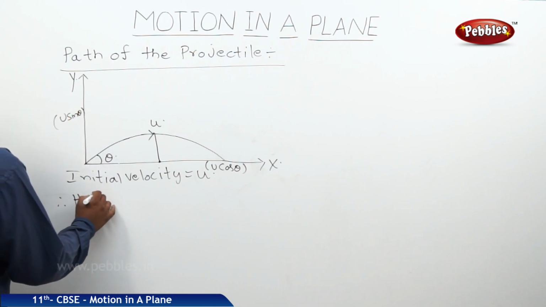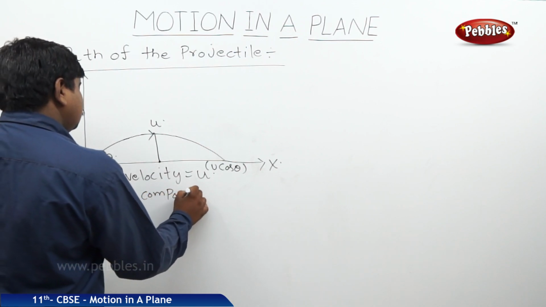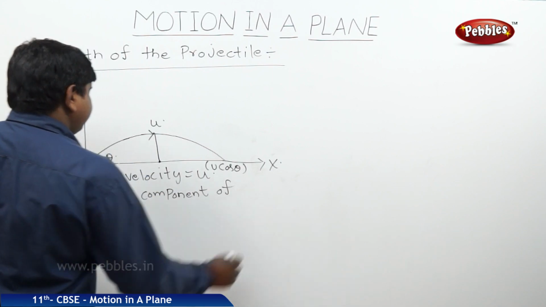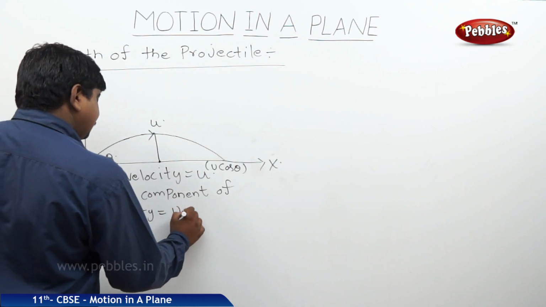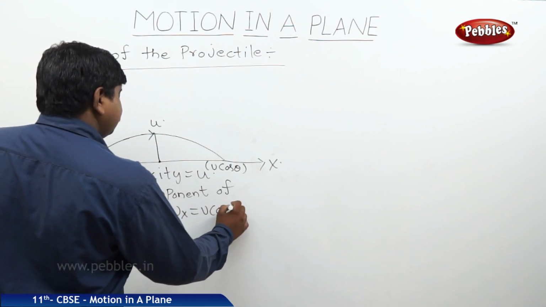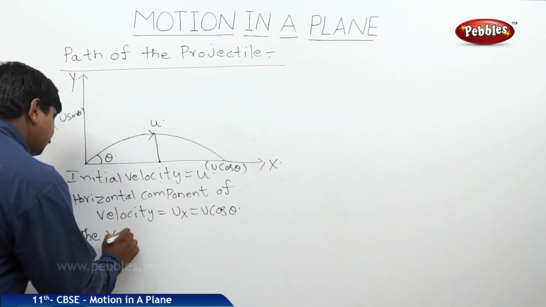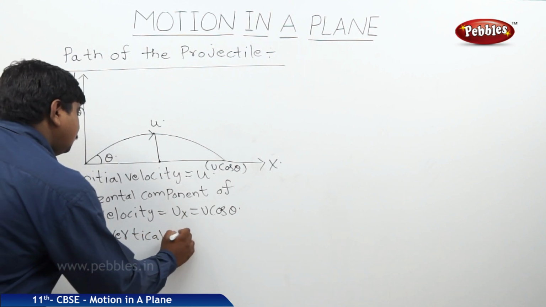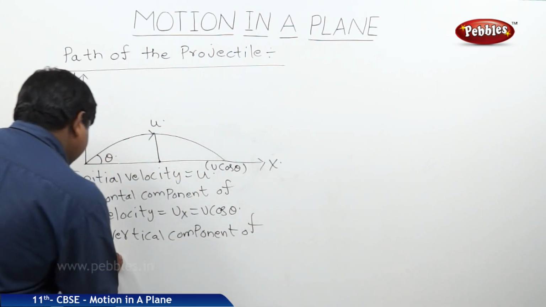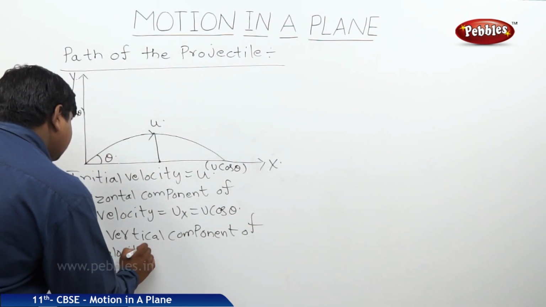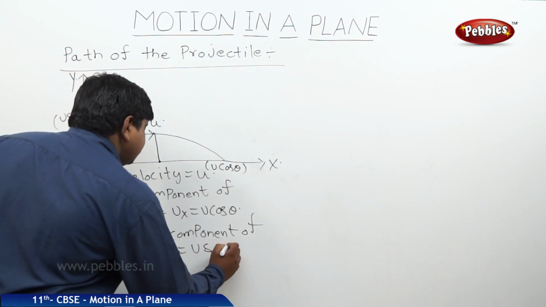The horizontal component of velocity is ux, that is equal to u cos theta. The vertical component of velocity uy is equal to u sin theta.